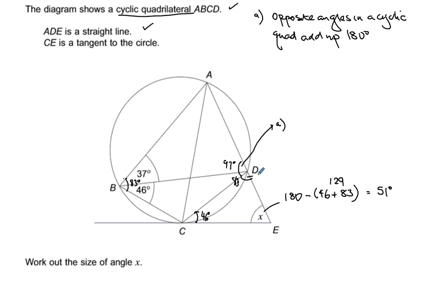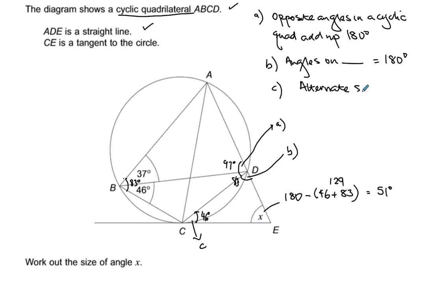Then what we did was that one there, so B. So you say angle CDE equals 83, and the reason being angles on a straight line equals 180. And then that one was C. Again you have to write the whole thing, but I'm just writing alternate segment. So you've got to write the whole reason: angle between the tangent and the chord is equal to the angle in the alternate segment.